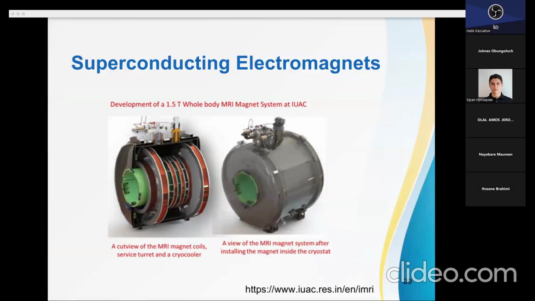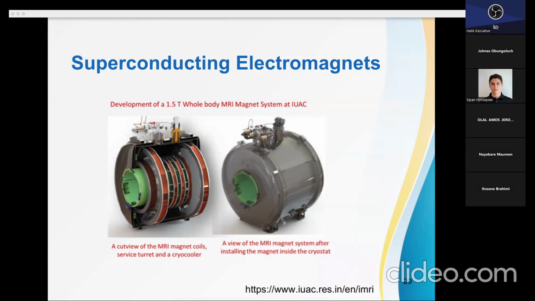So that is when superconducting electromagnets become important, or they become a little bit appealing, because if you want to increase the magnetic field, you might need to cool the conductors down. And if you are able to do that, if you reach temperatures where the conductors are superconducting, then you can pump as much current as possible.